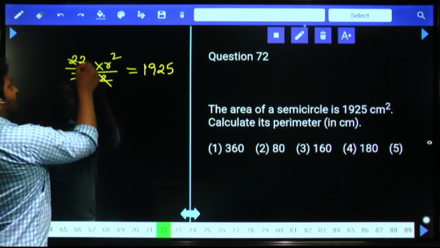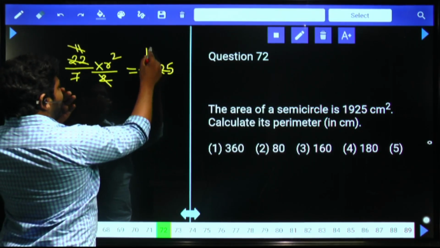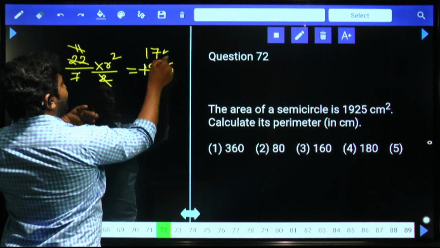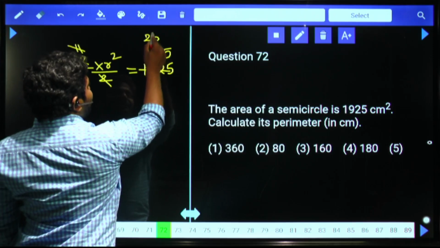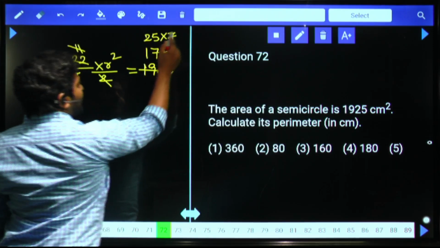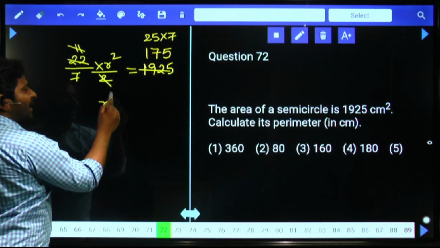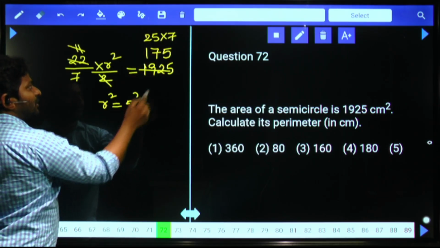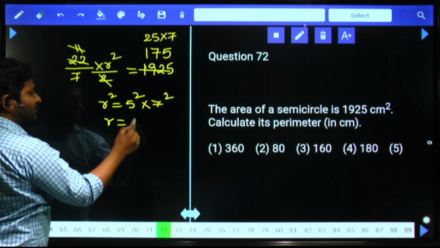Now 2 11 times, 7 times, and then 5 times. 175 can be written as 25 into 7. 25 is 5 square, 7 goes to the other side, then r square is equal to 25, 5 square into 7 square. So r is equal to 35.